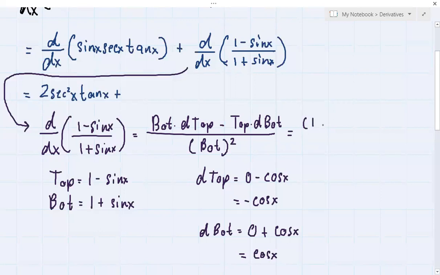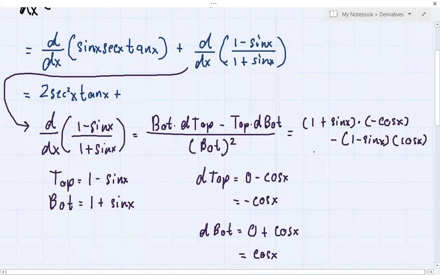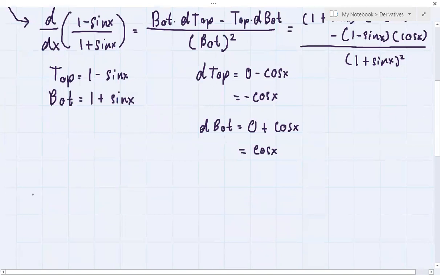Your bottom here is 1 plus sine x, then your d top, which is negative cosine x, minus top, which is 1 minus sine x, times d bot, which is cosine x. All over the square of the bottom, which is the square of 1 plus sine x. Wala akong space rito, so lagay ko na lang sa baba.